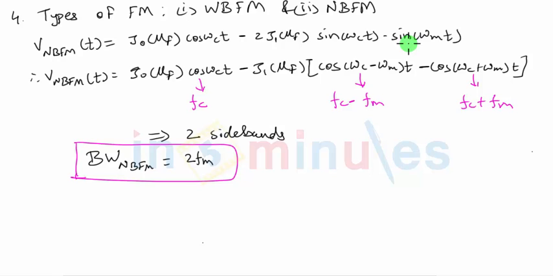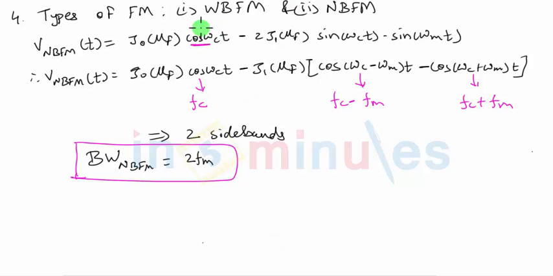But if you look at one very important difference in terms of mathematical expression, when we had written the expression for double sideband full carrier, when you take form of the carrier as cosine function, in case of double sideband full carrier, you have the same form of the carrier. You have the same cosine form appearing in the second term also, which is not happening in narrowband FM.